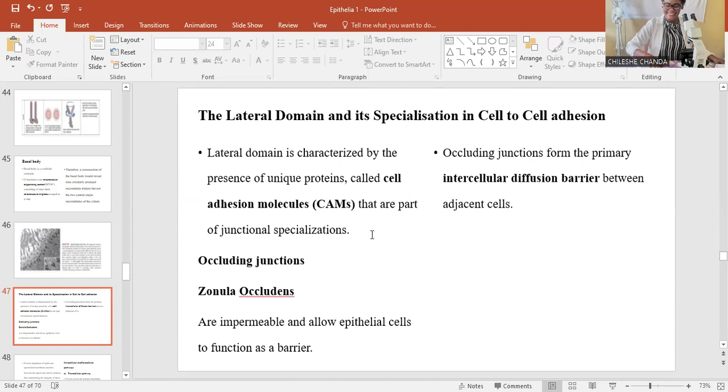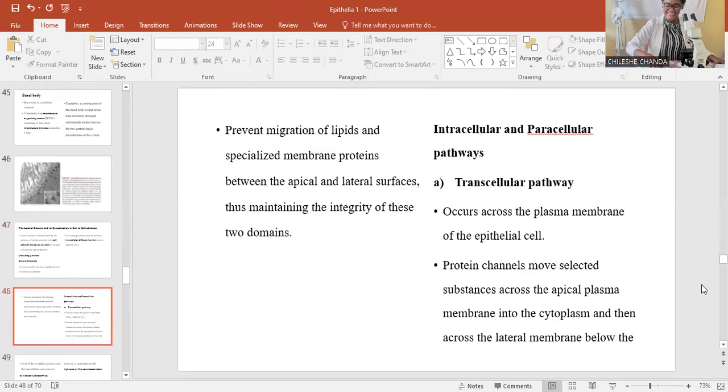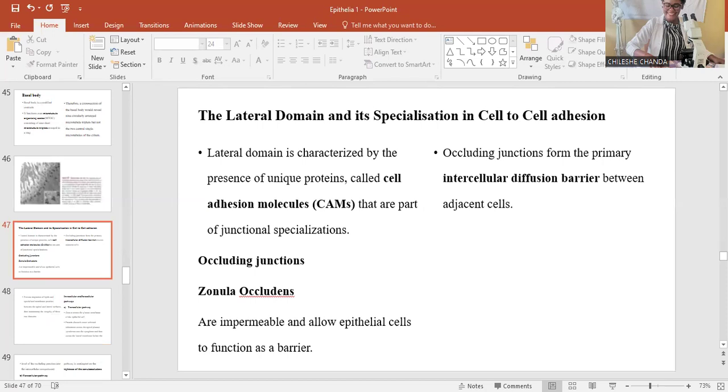Some of these adhesion molecules are grouped in different groups. So we have occluding junctions, then we have adherent junctions. All right, so under occluding junctions, we have one, the zonula occludens.